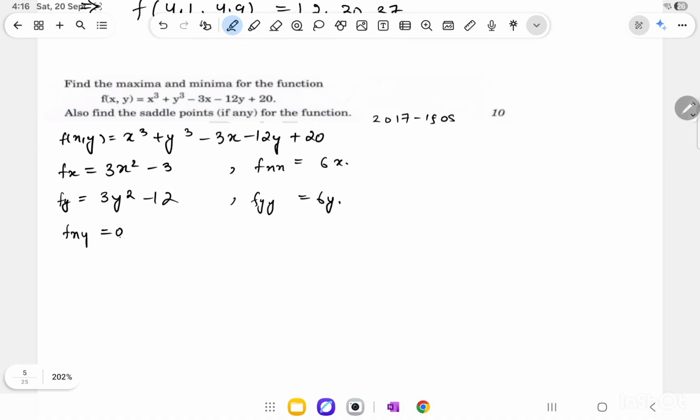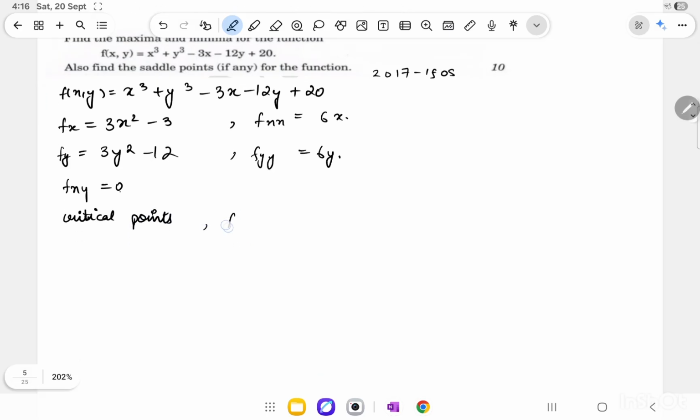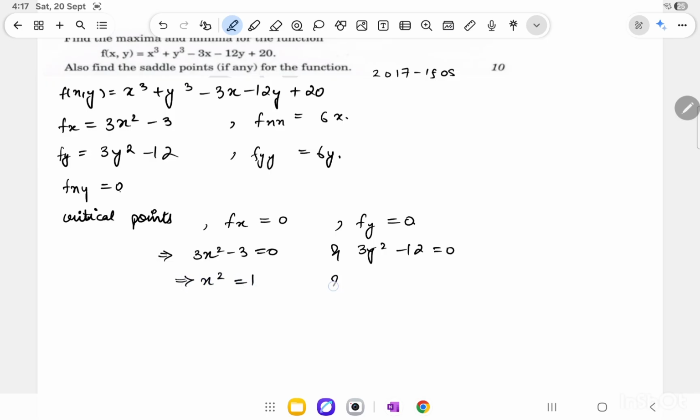So let's find the critical points first. For that we'll equate the partial derivatives of f with respect to x and y to 0. That gives me 3x square minus 3 equals 0 and 3y square minus 12 equals 0. So from here I got x square equals 1 and y square equals 4.